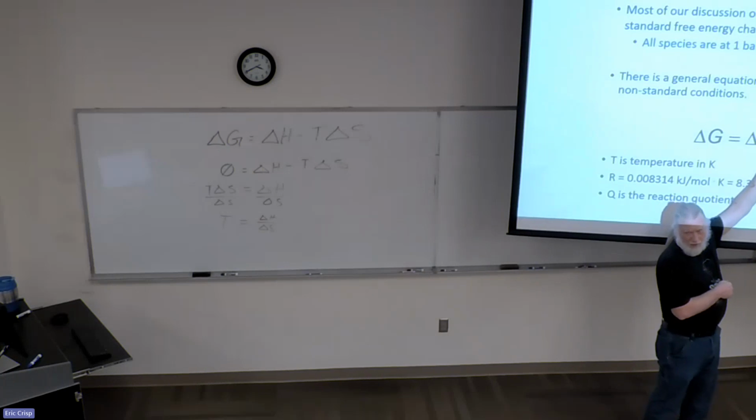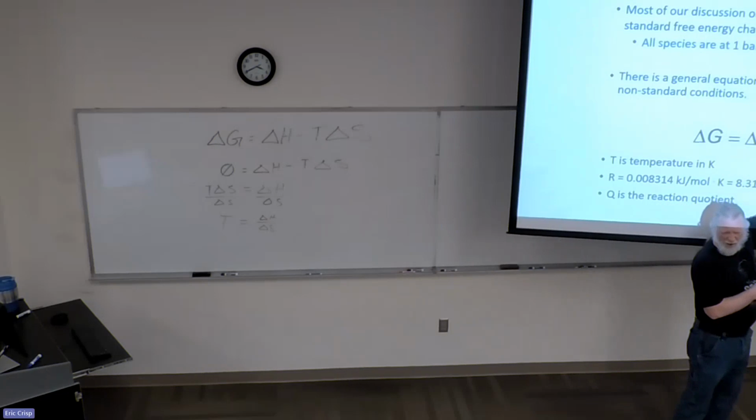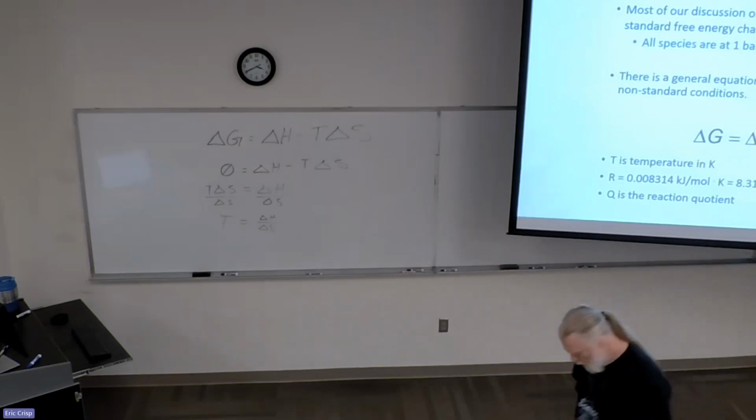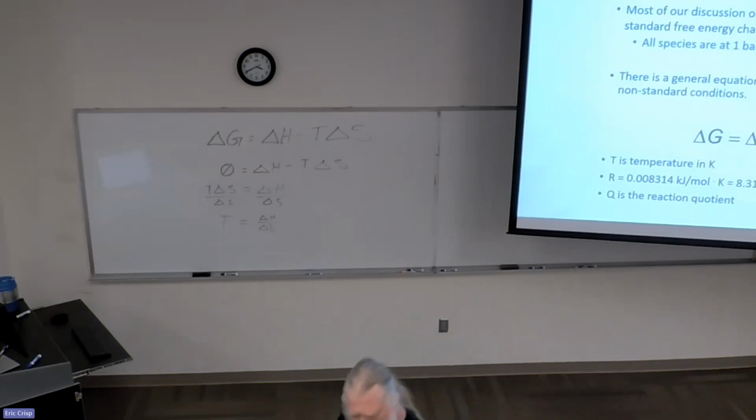Okay, so the delta G naught is plus R. Y'all remember an R from anywhere? Ideal gas constant, that R, times temperature, in kelvins, of course, times the natural log of Q. Uh-oh. What was Q back in unit 2? Exam 2? What do we use Q for? Reaction quotients.